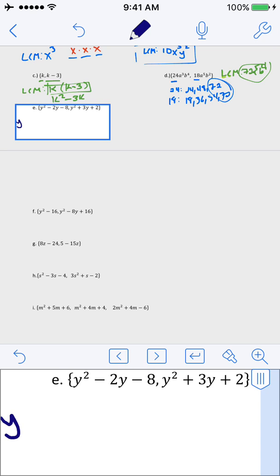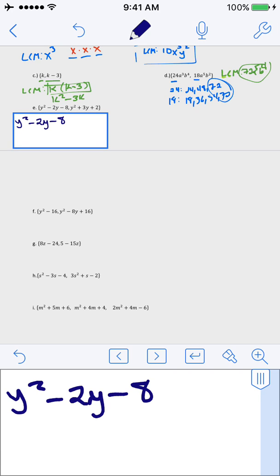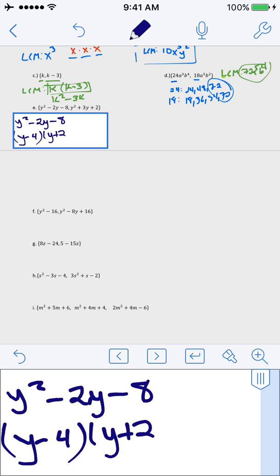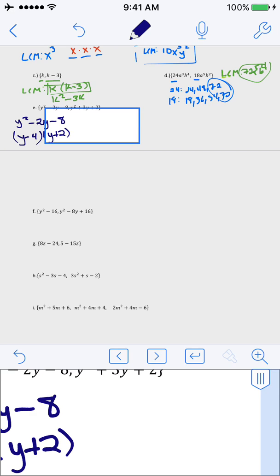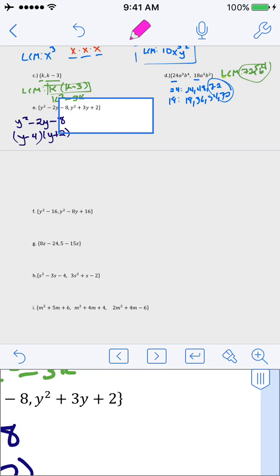So let's start with y squared minus 2y minus 8. All right, two things that multiply to negative 8, add to negative 2. Well, 4 and 2 are sounding good. Looks like negative 4 and 2. So this factors into y minus 4 and y plus 2. Okay, so that was my first polynomial. Now I'll do the second one. Second one says y squared plus 3y plus 2.